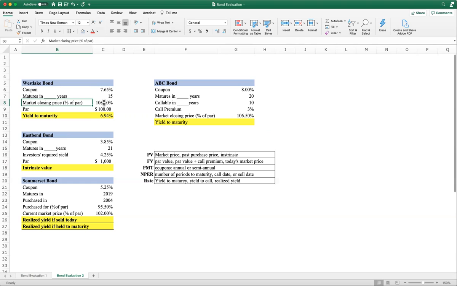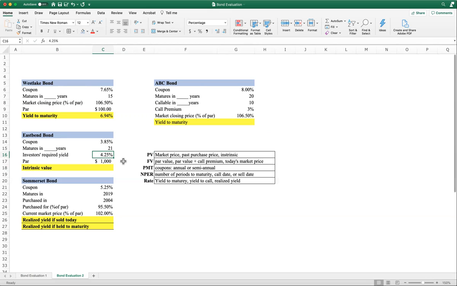So in this case, the intrinsic value is essentially which element? The present value. Because you have an investor, you have your required yield or return of 4.25%. You said, I want my money to make 4.25% a year. That's my target.